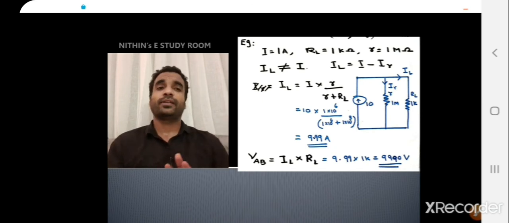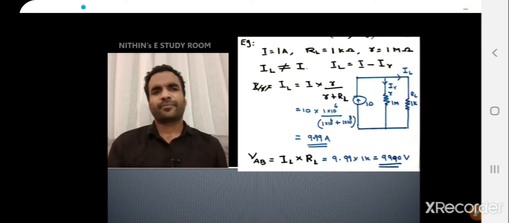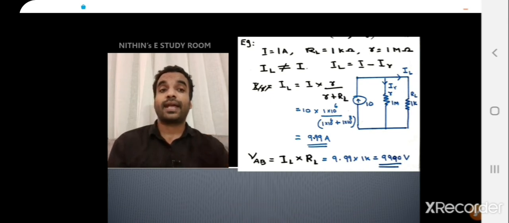Now we want to find the voltage across AB. In this figure AB is not marked, but it is clear this is A and this is B. So the voltage across AB means the voltage across this 1 kilo ohm resistance. You got IL, so VAB is equal to IL into RL. So 9.99 into 1 kilo ohm, or 1000, that will give 9990 volt.